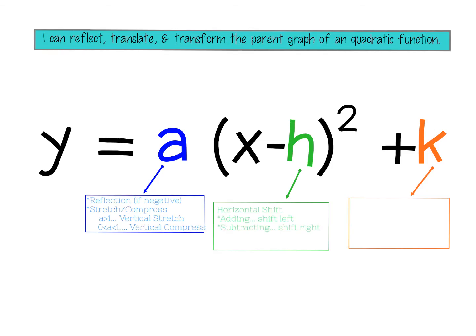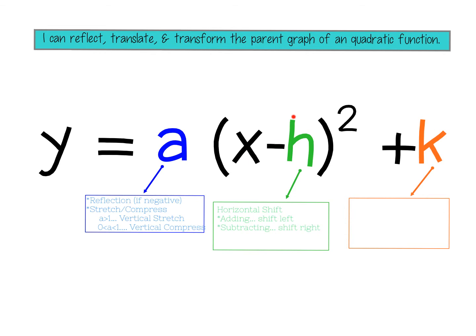If you notice, the general form for vertex form is y equals A times the quantity of x minus h. So the general form says take x and subtract whatever h is. So if h is positive, okay, so positive is a movement right, then it will look like x minus h.